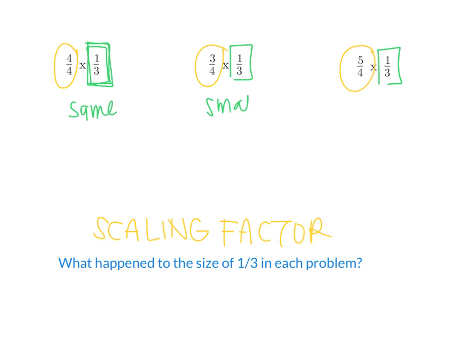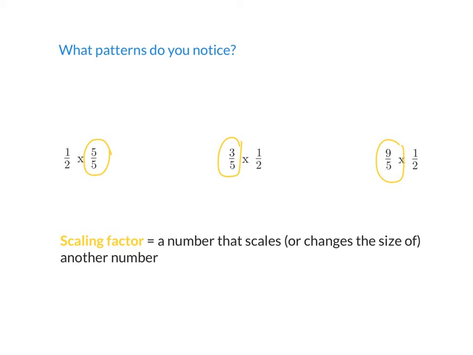And what do you predict for the last one? Do you think the scaling factor of 5/4 is going to make 1/3 bigger, smaller, or stay the same? Bigger. This slide reminds us that the scaling factor is the number that scales or changes the size of another number. It would be a good idea to write this definition down in your notes.